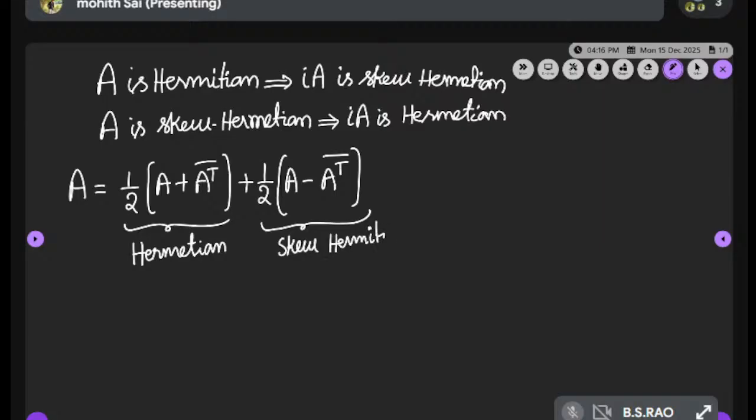If you consider this part as B, that will be Hermitian. This is C, that will be skew Hermitian.